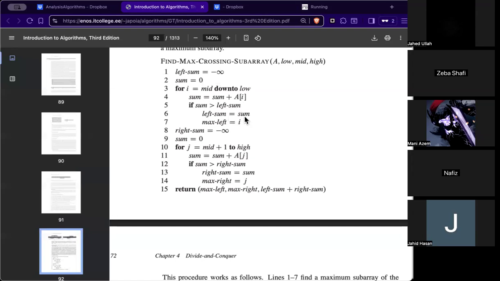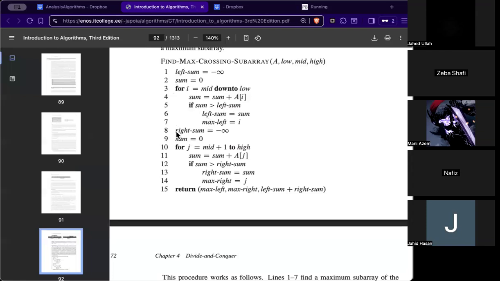And then wherever we found that index where sum was greater, that's going to be our I. All right. So the sum was greater. Instead, we said, okay, now switch the left sum with the sum so that now they're the same. Otherwise, the left sum, if it's smaller, we don't do anything with it.